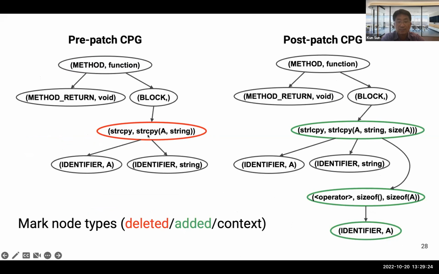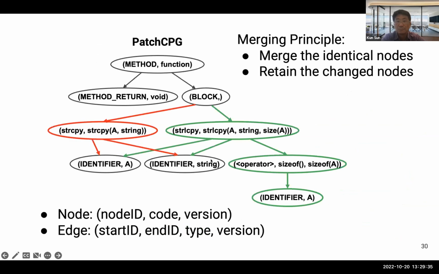So we can mark those nodes with different types. And similarly, we can mark the edges with different types. Then we can merge these two CPGs into one, which we call a patch CPG. We merge those identical nodes and retain the changed code.